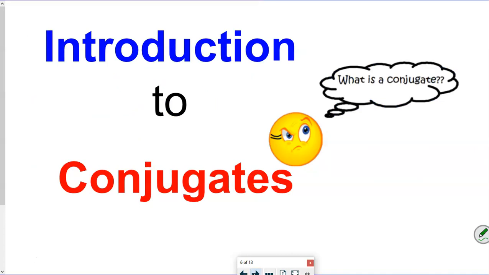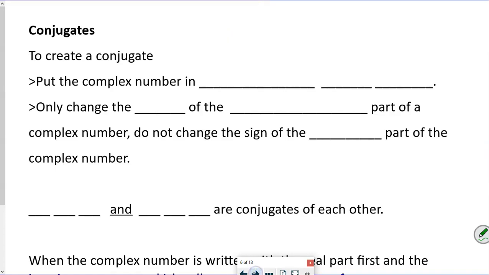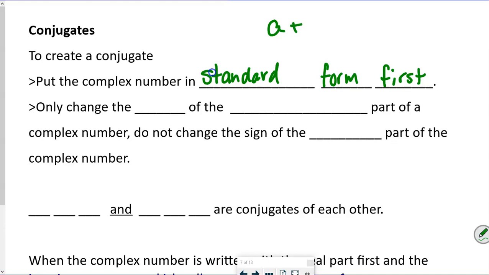So we're going to talk about conjugates today. This is an introduction to conjugates. To create a conjugate, what we're going to do is put a number in standard form first. And we talked about standard form already. That means we are going to put it in A plus BI form, so the real part first and the imaginary part second.